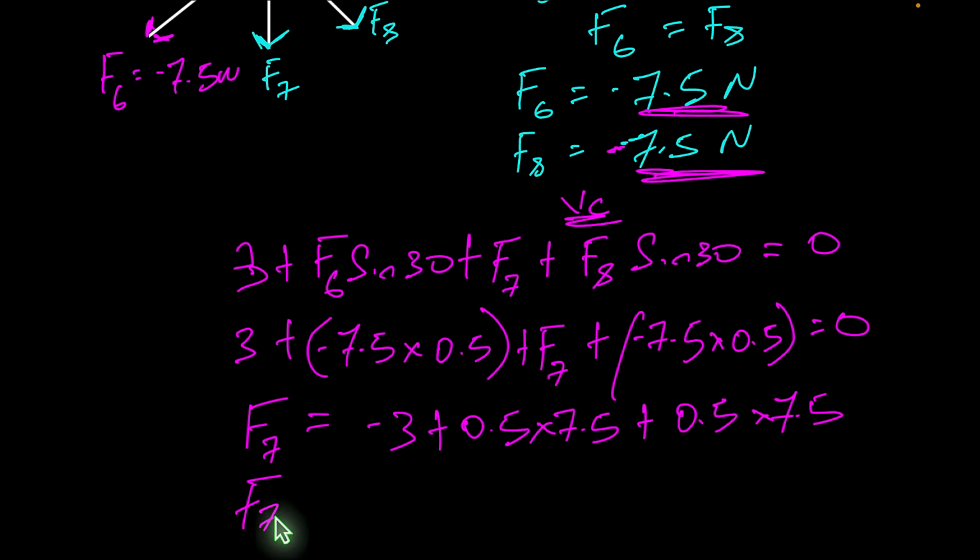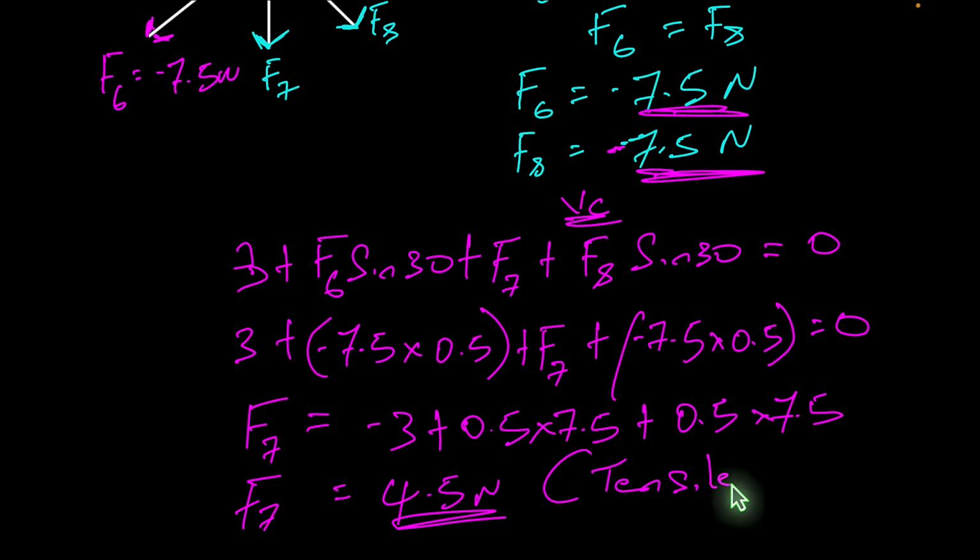So F7 final answer is 4.5 newtons. So that right there is a tensile member. Now we have one last joint to go, and for this last joint it's going to be exactly the same process that we follow. So let's go through it.